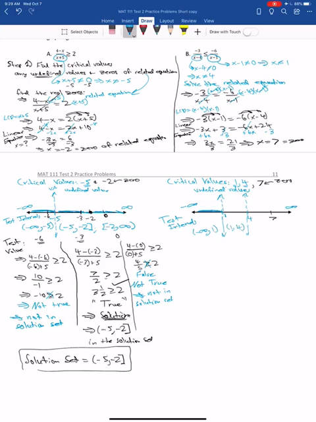We have 1 to 4. We have 4 to 7. Now 7 we have to include with a bracket, because that is one of our solutions. And then we have 7 to infinity. So there are our regions, our test intervals. We're looking at the possibilities that we have here.